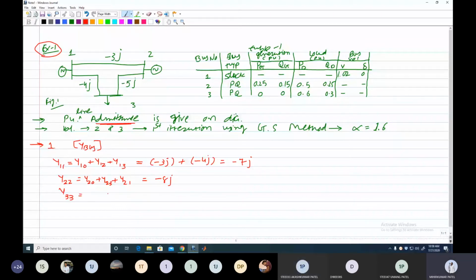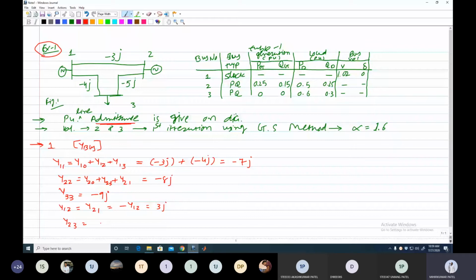What is the value of Y12, or Y21? It is equal to minus of the line admittance, which is plus 3j. Very good. Then Y23 is plus 5j.